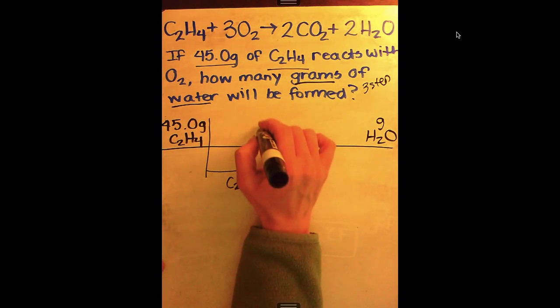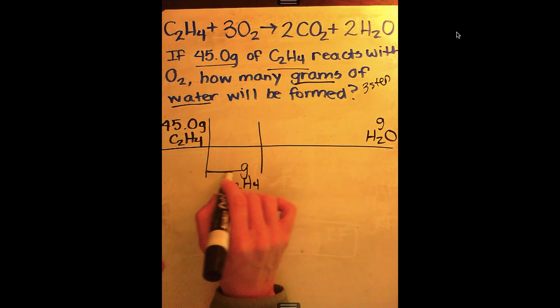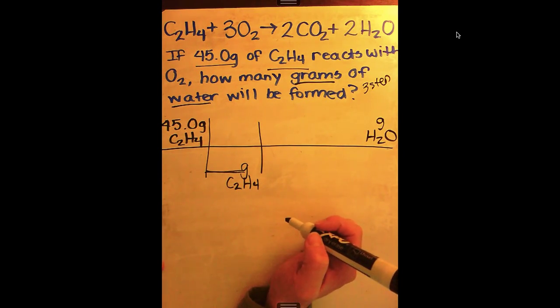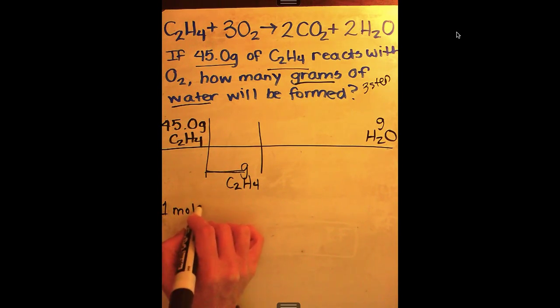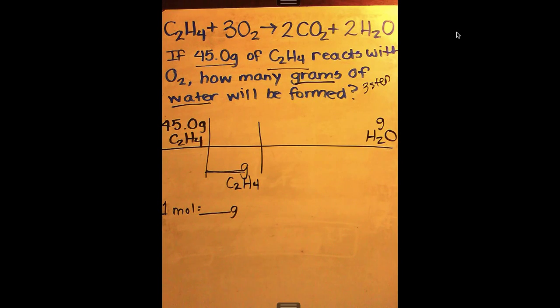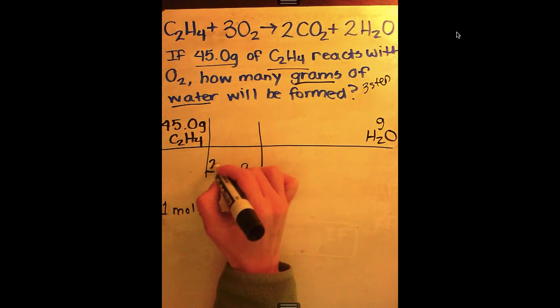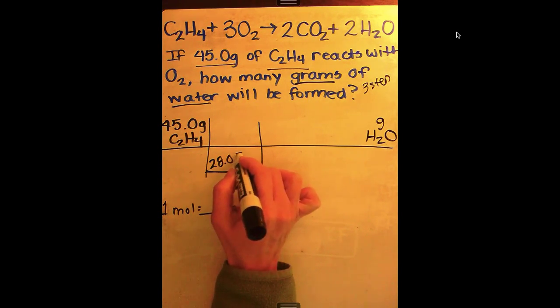And guys, anytime you get to a place where you're looking for the mass of something, think about what we know. We know that 1 mole of any substance equals the molar mass. So go ahead and find the molar mass of C2H4. You should get that as being 28.054 grams.